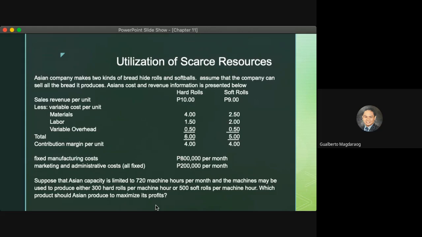Asian company makes two kinds of bread: hard rolls and soft rolls. Assume that the company can sell the bread it produces. Asian cost and revenue information is presented below.